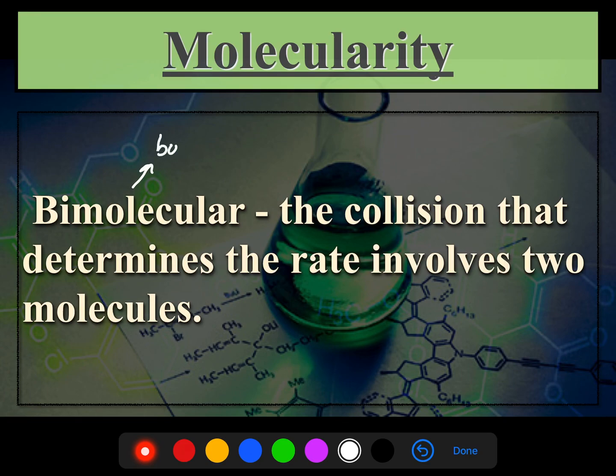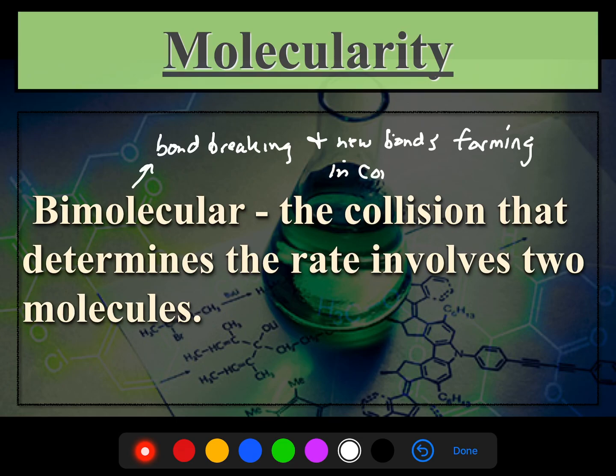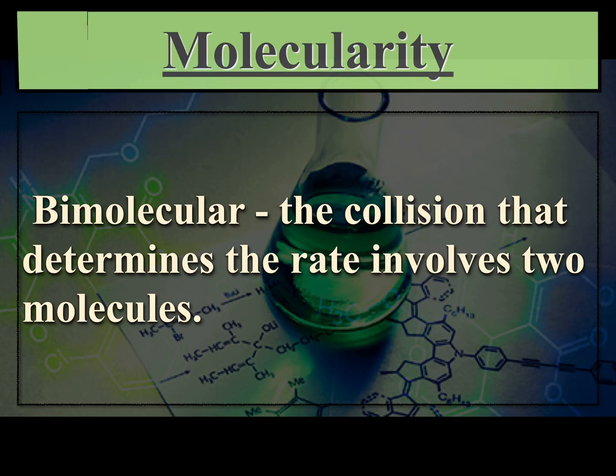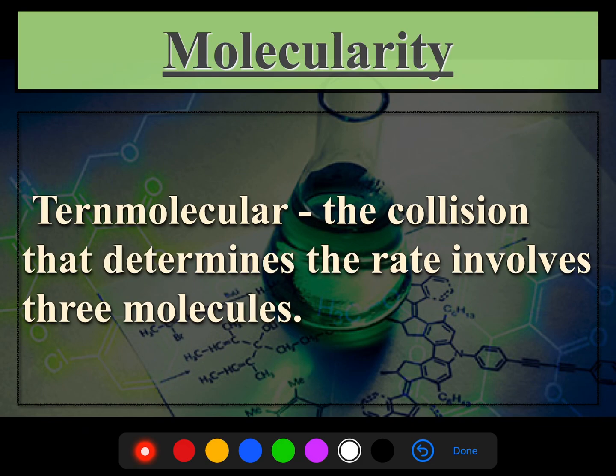So bimolecular collisions are things that involve bond breaking and new bonds forming at the same time. I'm going to write in concert. Bond breaking and bond forming occurs in concert with each other. I'm going to explain that in just a moment. So we need two molecules: the thing that is attacking and the thing that gets attacked. That would be a bimolecular collision.